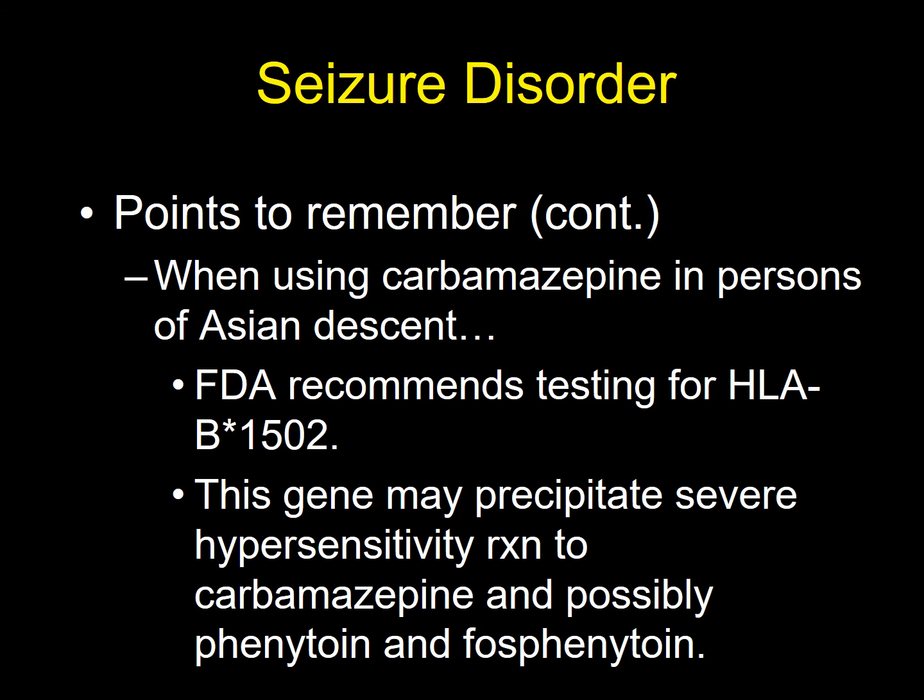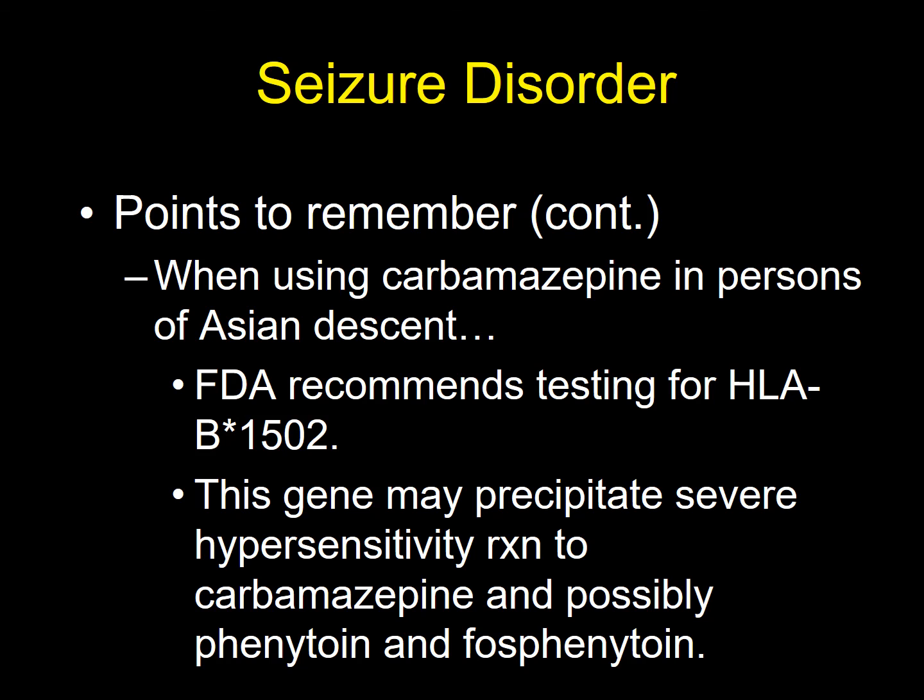It's this genetic predisposition called human leukocyte antigen B1502. And people who have this gene and take carbamazepine are at risk for this very dangerous reaction called TEN, or toxic epidermal necrolysis. Your handout also mentions that it may occur with other anti-epileptics too.